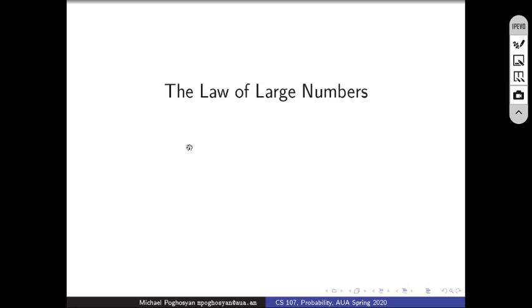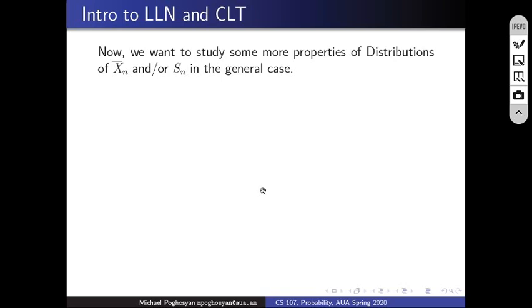Okay, so let's talk about the law of large numbers. Now we want to study some more properties of the distribution of Xn bar or Sn in the general case.